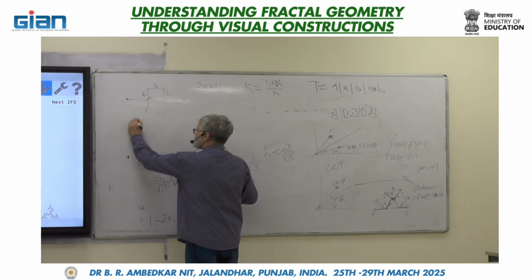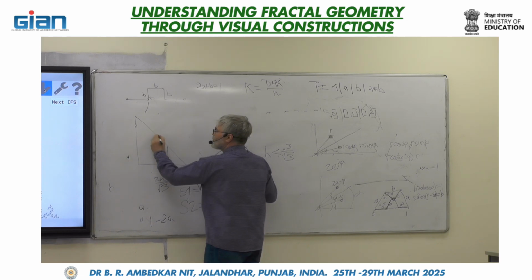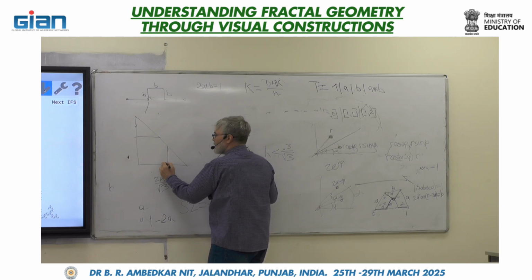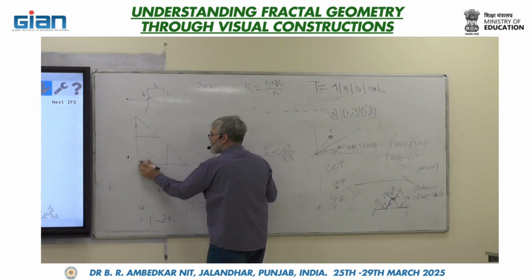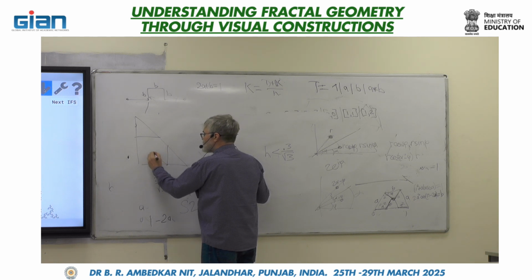We take a right triangle. You have two such maps, and you also have two maps which send this triangle, for example, to such one.